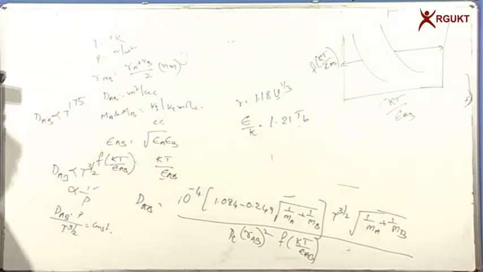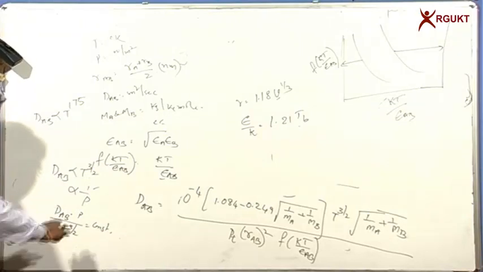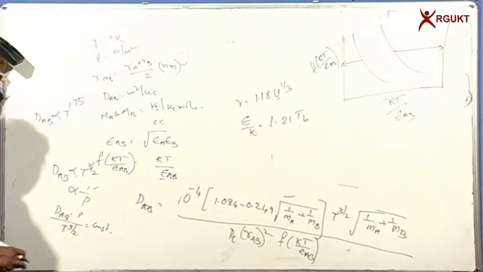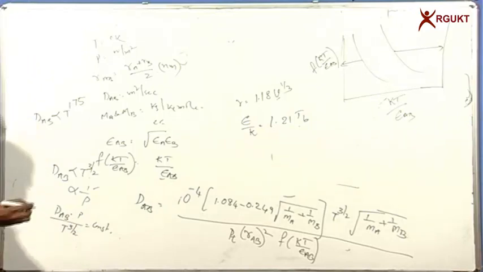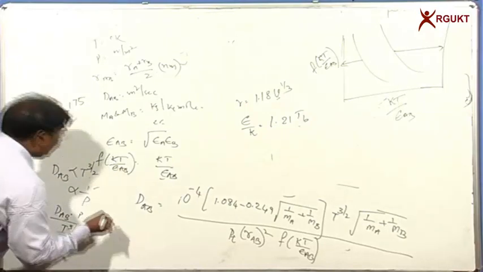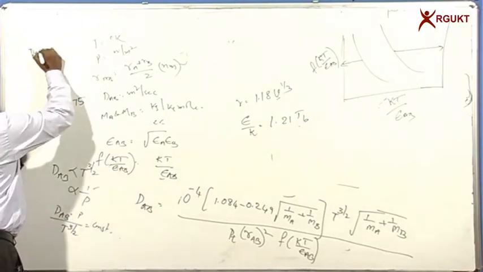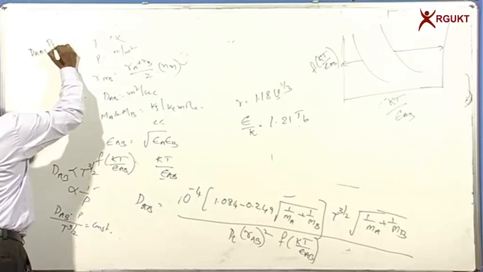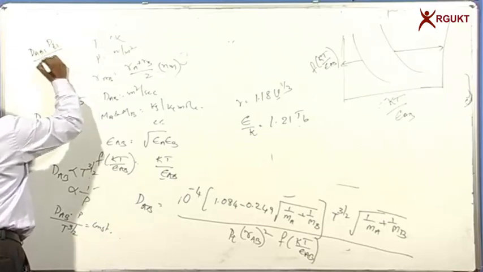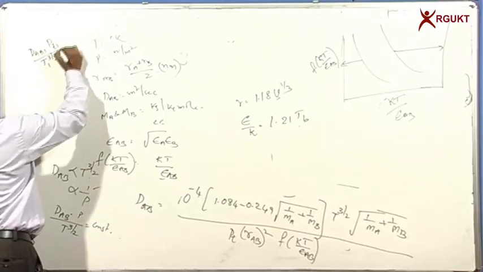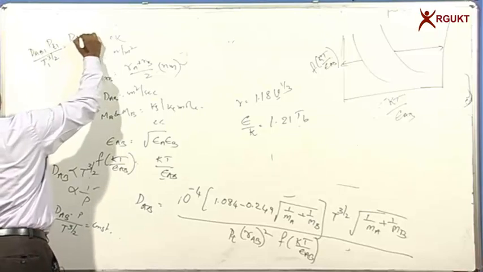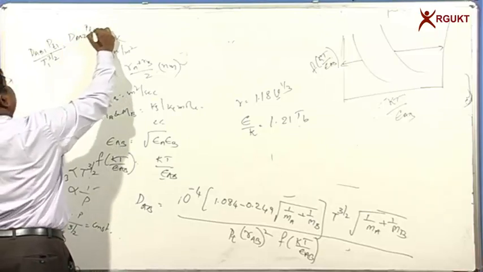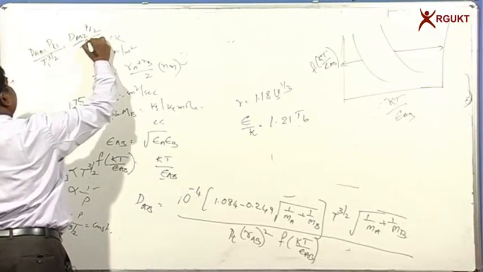That means if I know the diffusion coefficient of component A in B at one pressure and temperature, we can calculate the diffusion coefficient of A in B at some other temperature and pressure. That is, DAB1 P1 divided by T1 to the power of 3 by 2 is equal to DAB2 P2 divided by T2 to the power of 3 by 2.